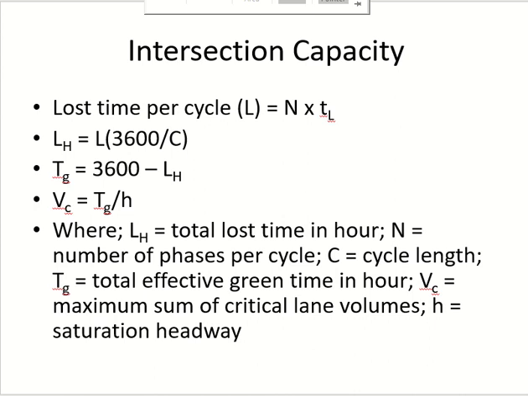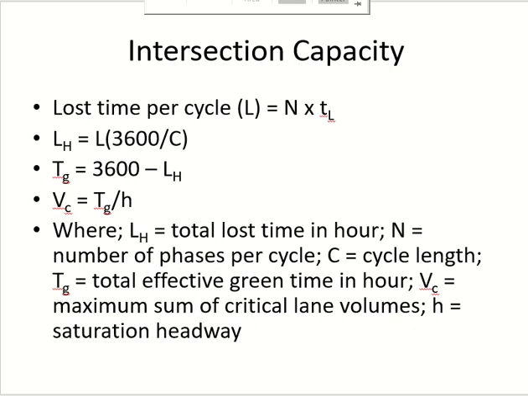Last time we were going through the concepts related to signals. We discussed the different types of operations we can do with the signal, and signal coordination. Some of the important concepts like saturation headway, saturation flow rate, clearance time, loss time.